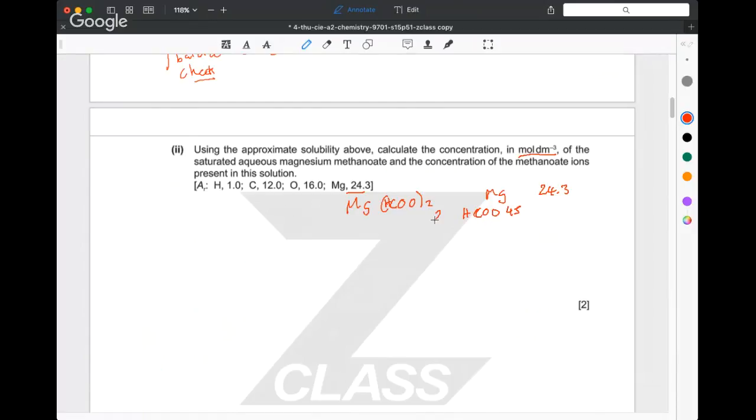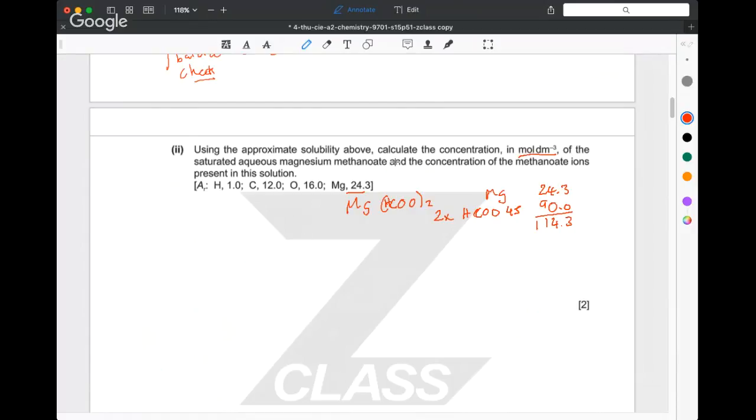And then because I've got 2 of those, the relative formula mass comes to 2 lots of 45, which is 90. If I add those all together, I end up with that as my relative formula mass for magnesium methanoate.